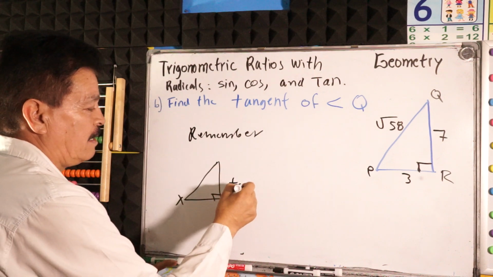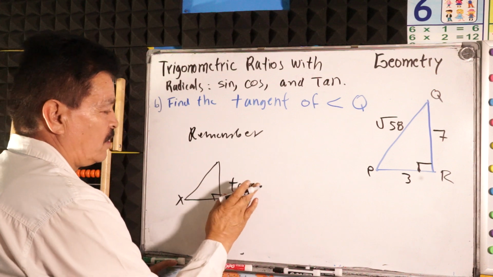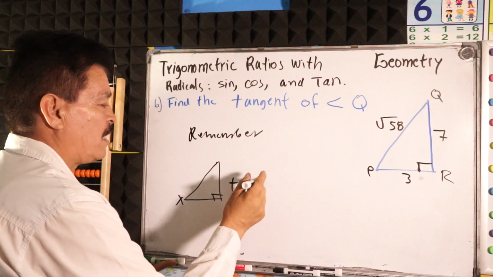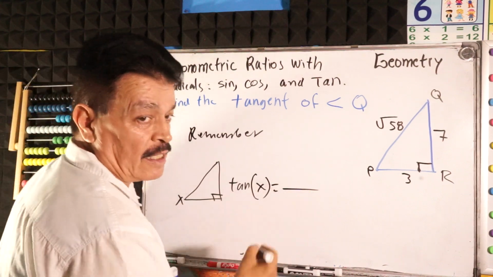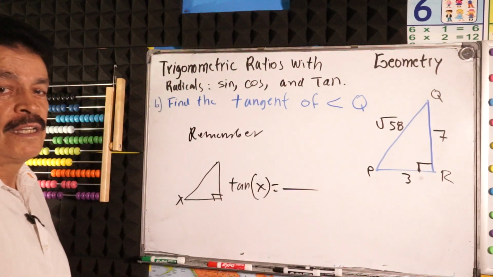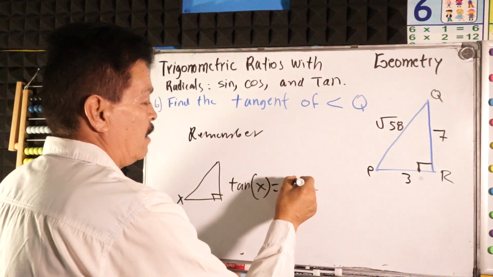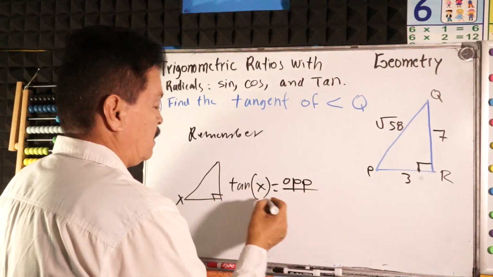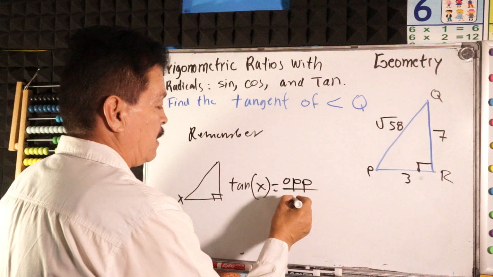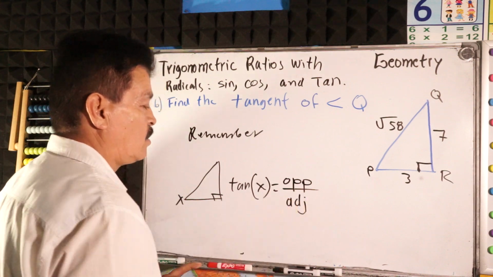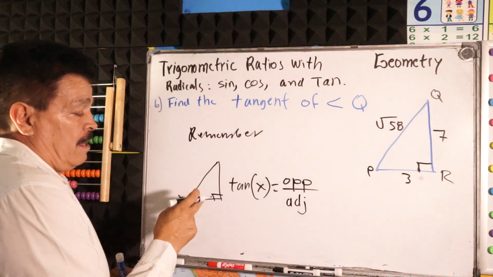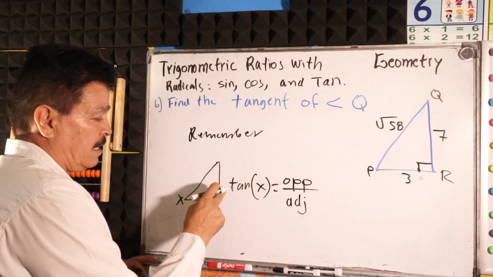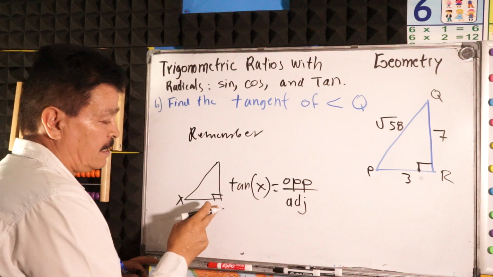So tangent, or tan, just write tan of angle x right here. This is the definition of tangent: the opposite side divided by the adjacent side. The opposite side is this one, and the adjacent side is this one.